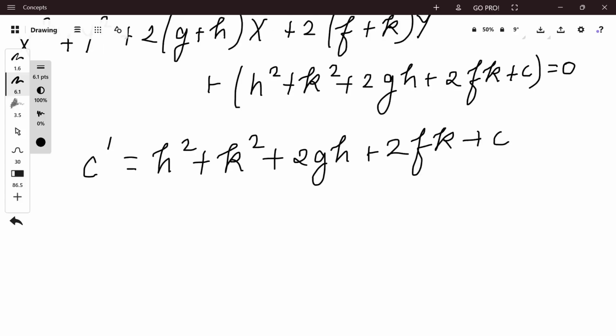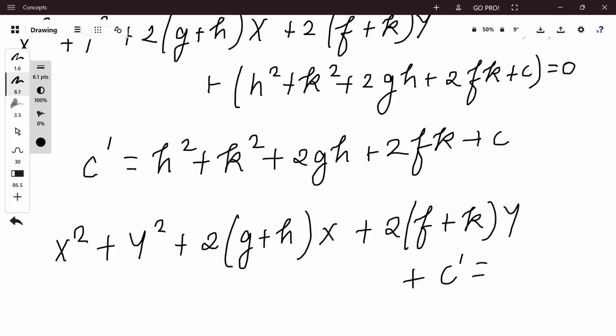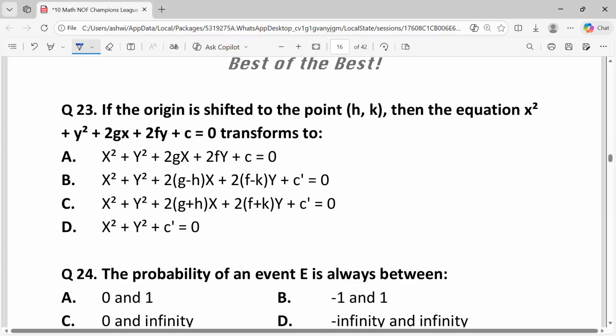So the equation is x square plus y square plus (2g plus h) x plus (2f plus k) y plus c dash is equal to 0. So the answer is C, x square plus y square plus (2g plus h) x plus (2f plus k) y plus c dash is equal to 0.